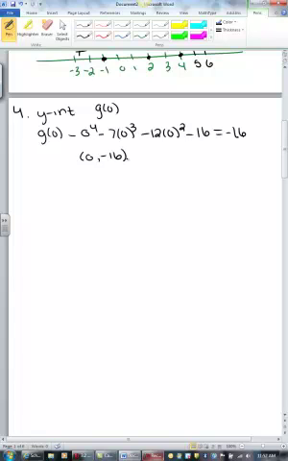All right. So essentially what that's done for us is it's given us a whole bunch of points that we can use, right? So we're going to gather those. We know we have (0, -16). We had our x-intercepts at (-1, 0), (2, 0), and (4, 0). Okay, those were our x-intercepts.